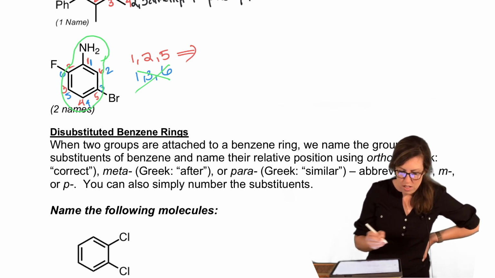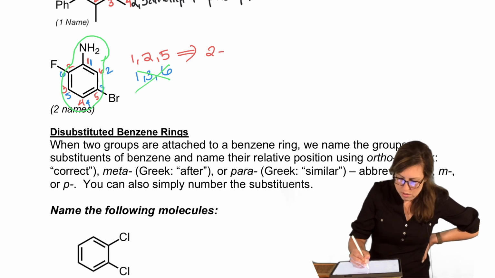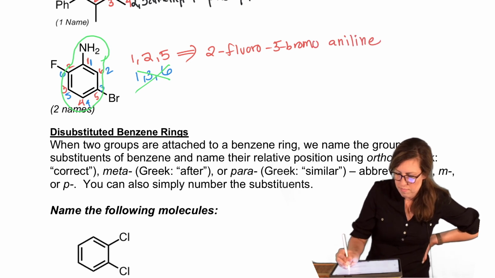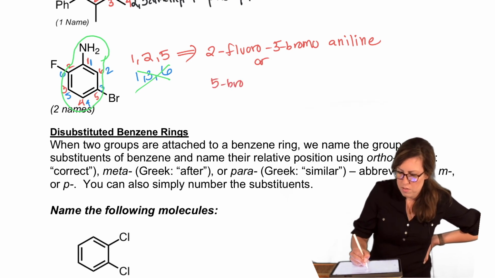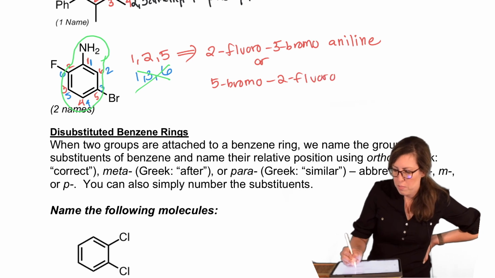So this would be called 2-fluoro-5-bromo aniline. Or would I put 5-bromo, 2-fluoro? And this is often a common multiple choice type question.